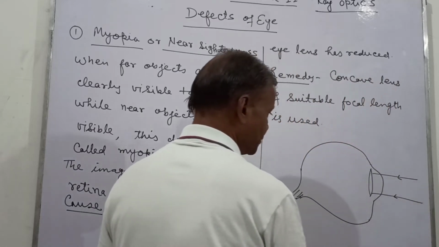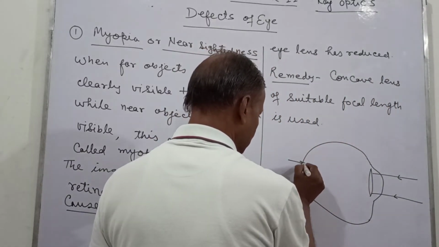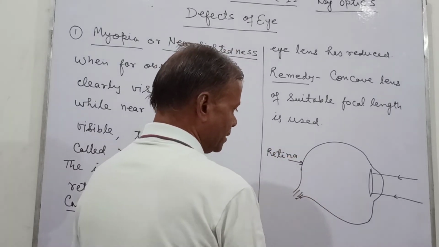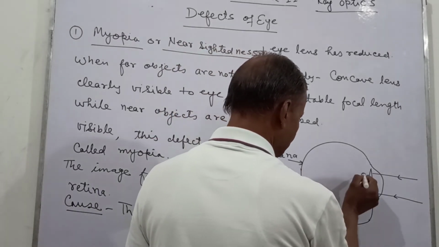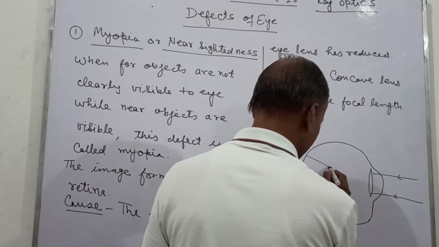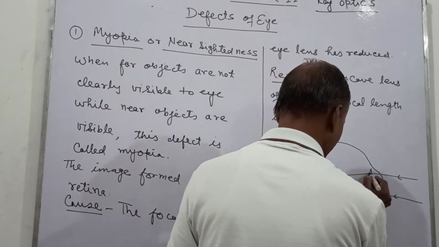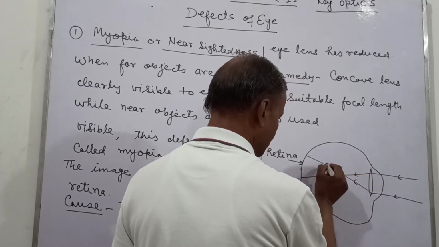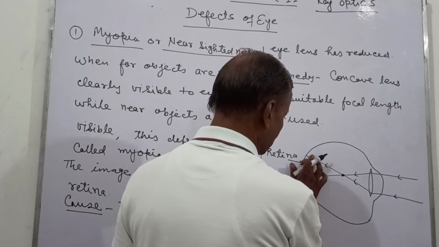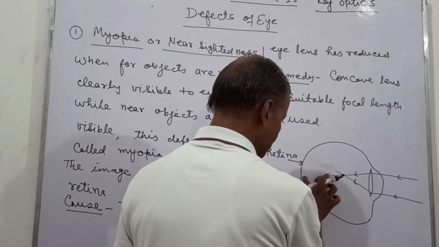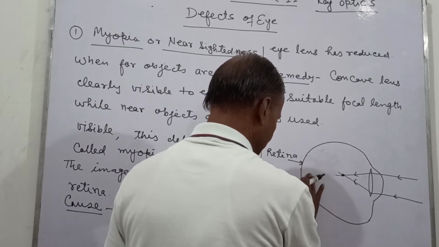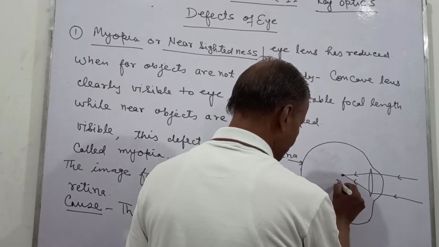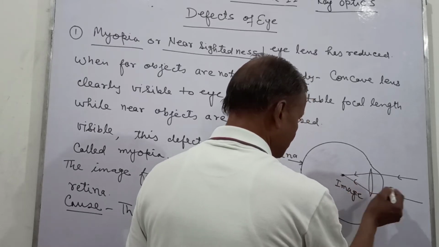This is the retina. These light rays all focus at this point, and this is the image.